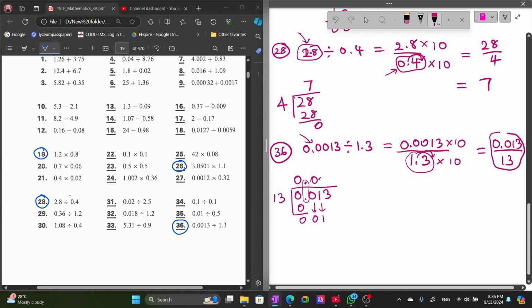For 1 also we haven't got any 13s, so 0, and 1 comes here. Now take this 3 to the bottom. 13, now we get 1. 13 times 1 is 13, 0, division stops. So our answer is 0.001.